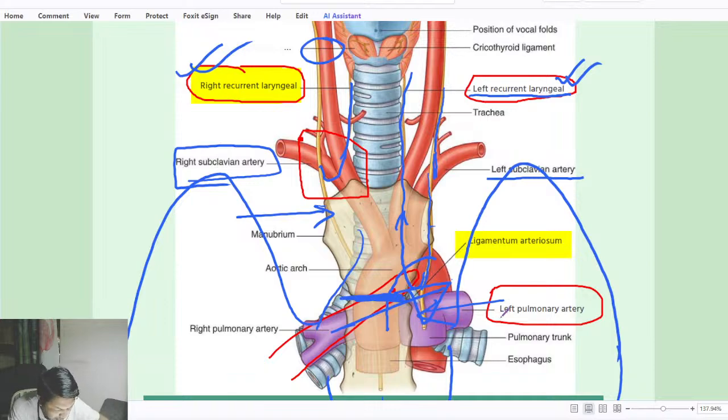They will give left recurrent laryngeal nerve, right recurrent laryngeal nerve. So which one will be correct? Right recurrent laryngeal nerve, because it is not going down. Right one will finish at the clavicular level, right subclavian artery. And in the left side, it arches under the arch of aorta.